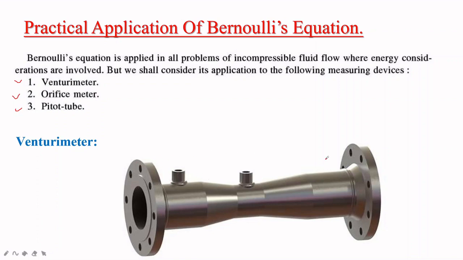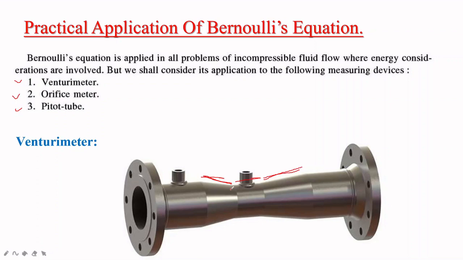Here the slope is converging, a short converging part, then it has a throat which has no slope, and again it is raised. This is how the construction of the Venturimeter is.